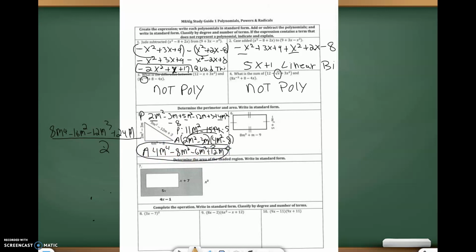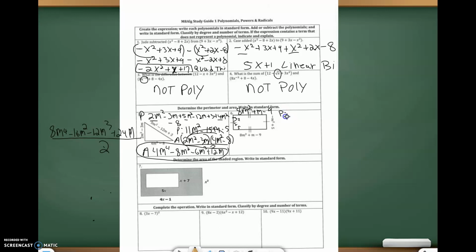Next one, the perimeter. I'm just going to add everything up. Same thing. Now remember, we also have an 8m squared plus m minus 9 up there. And this side is the same, right? m squared plus 5. Now, if you want, guys, you can just add them all up, right? 8, 16, minus m, right?